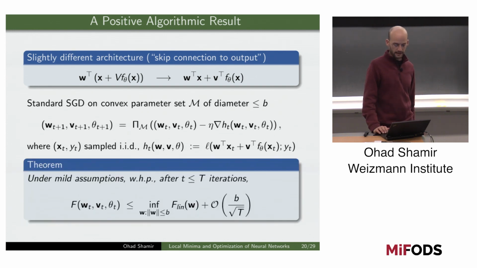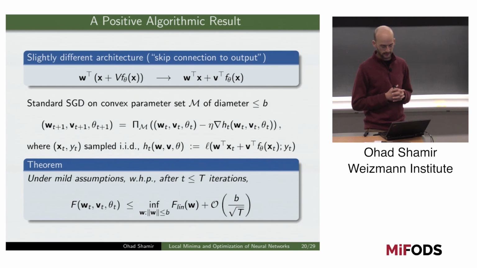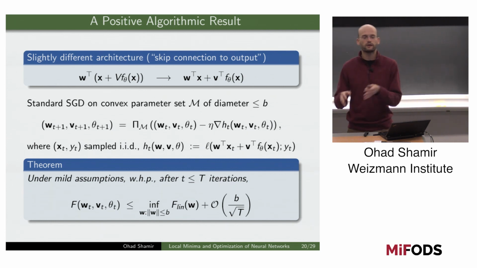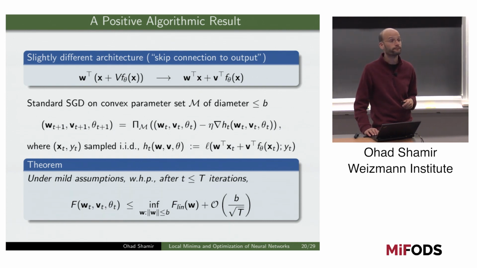And what we can show is that under mild assumptions, basically that the gradients are not too large, et cetera, then with high probability, after at most capital T iterations, we're going to find a set of parameters which is almost competitive with any fixed linear predictor of bounded norm. So you run plain standard gradient descent for long enough, and you're going to get something which is at least not significantly worse than linear predictors.